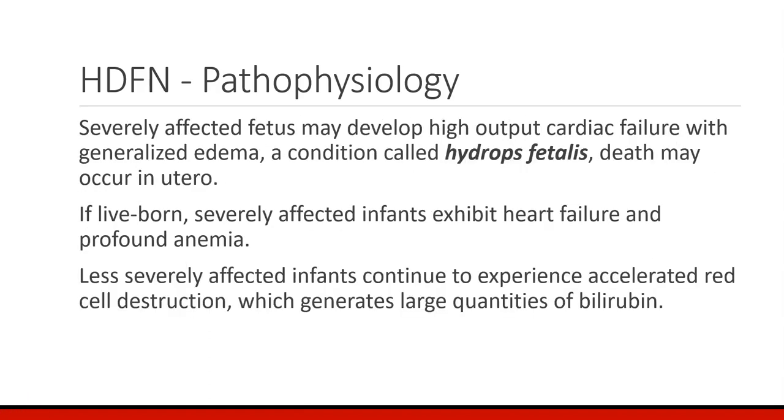A severely affected fetus may develop high-output cardiac failure with generalized edema and a condition called hydrops fetalis, and death may occur in utero. If live-born, the severely affected infant exhibits heart failure and profound anemia.